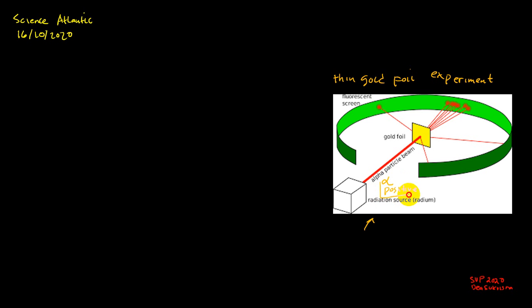And then this is the gold itself, the very thin gold. The radiation source is basically the source of alpha particles, and it is shot into the thin gold foil, and the result is as you observe right now.